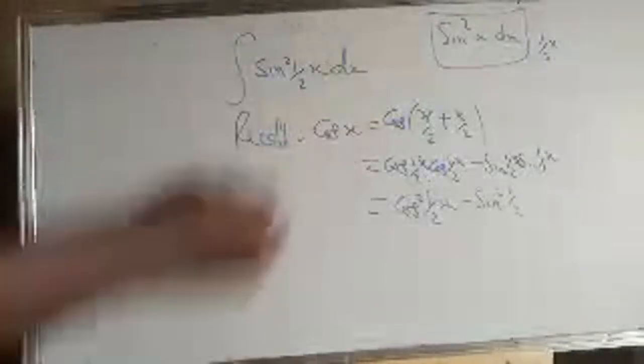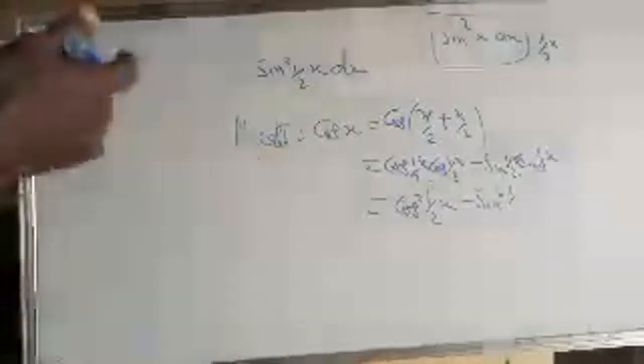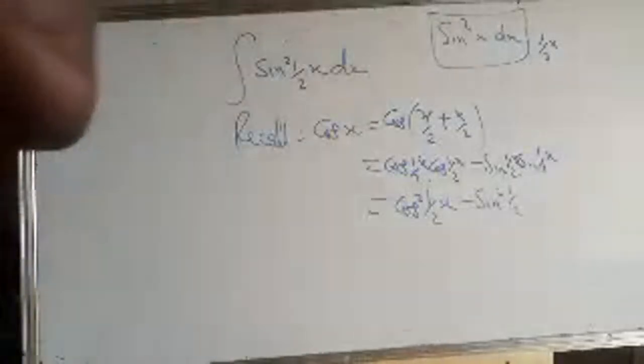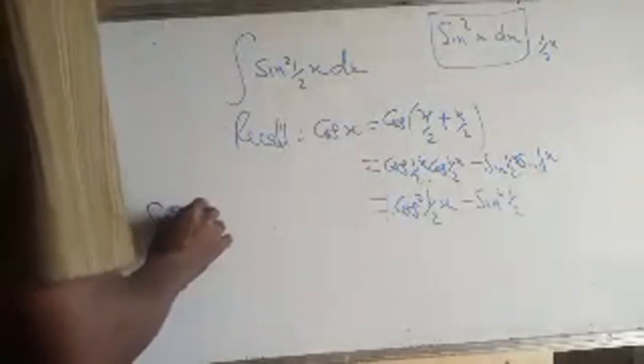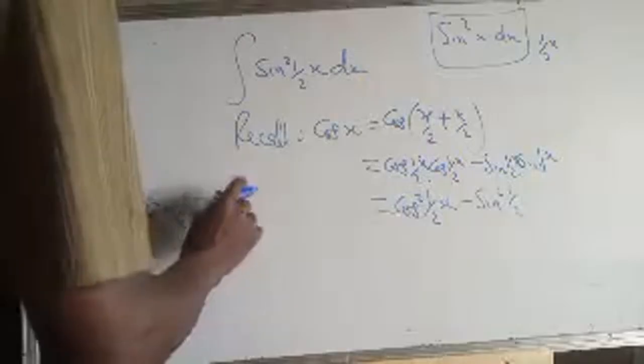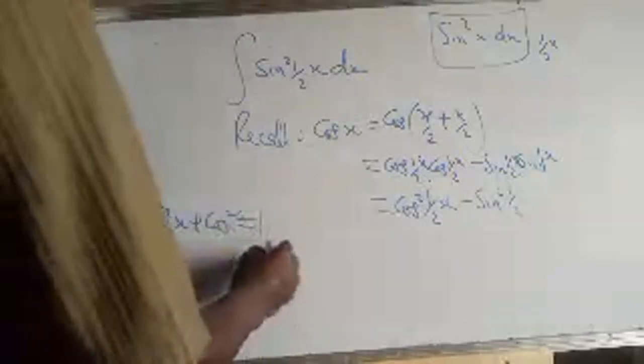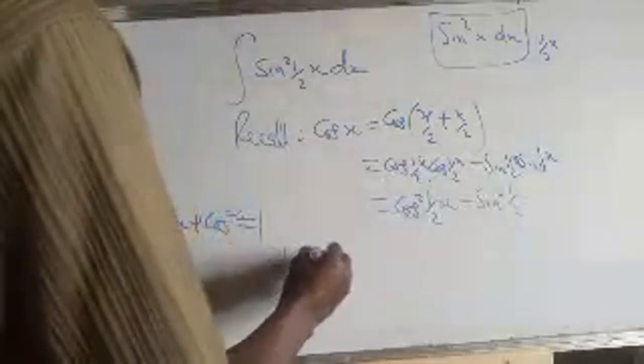Now, there is a concept in trigonometry that says sine square x plus cos square x is equal to 1. The same thing applies to the half angle formula, because this is a half angle formula: sine square half x plus cos square half x is equal to 1.